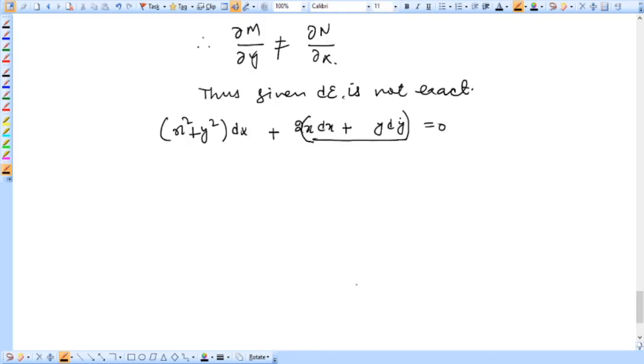In the last video we saw the integrating factor for this type of differential equation could be 1 over x square plus y square.